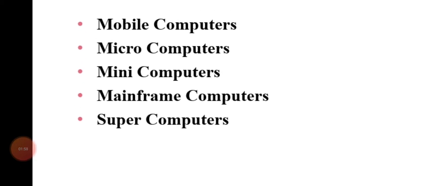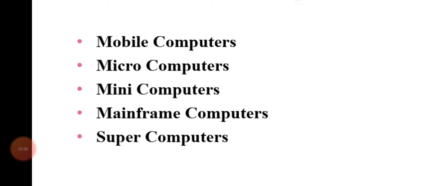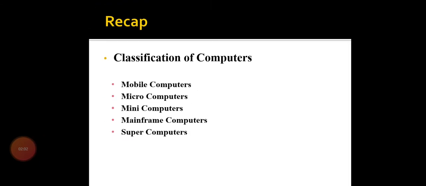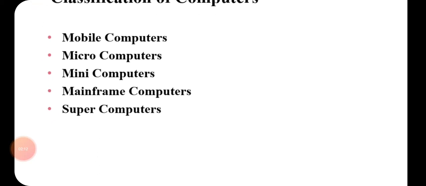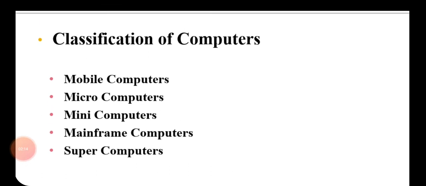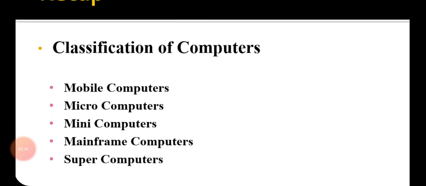Then come mainframe computers. Mainframes are big, powerful and expensive multi-user computers. And the last type was supercomputers. As the name says, supercomputers are the biggest and most powerful computers.